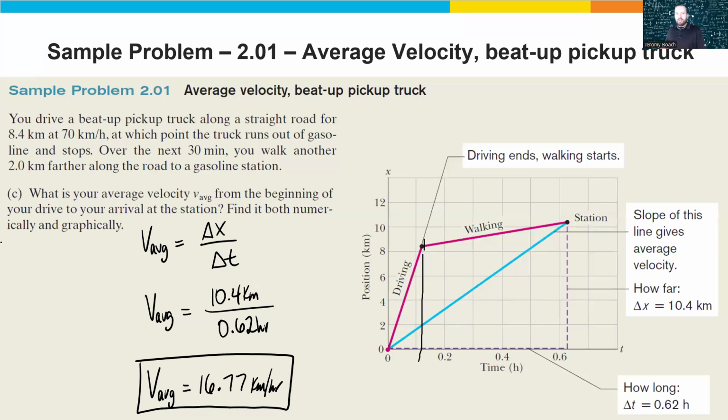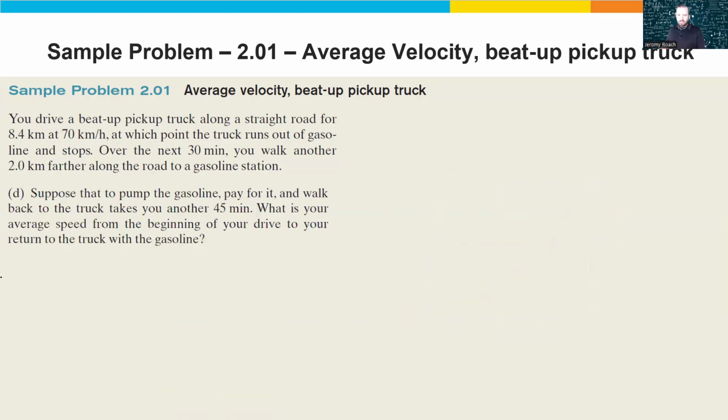So we were going very fast while we were driving, 70 kilometers per hour. It doesn't specifically tell us how many kilometers per hour we were walking, but we can find our average velocity. On average, we're going 16.77 kilometers per hour during that whole time.